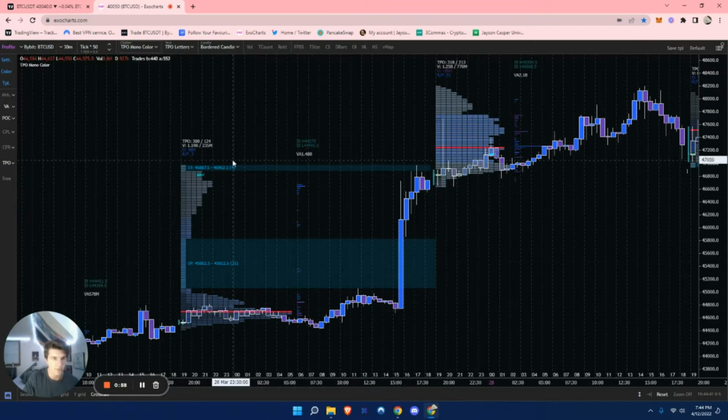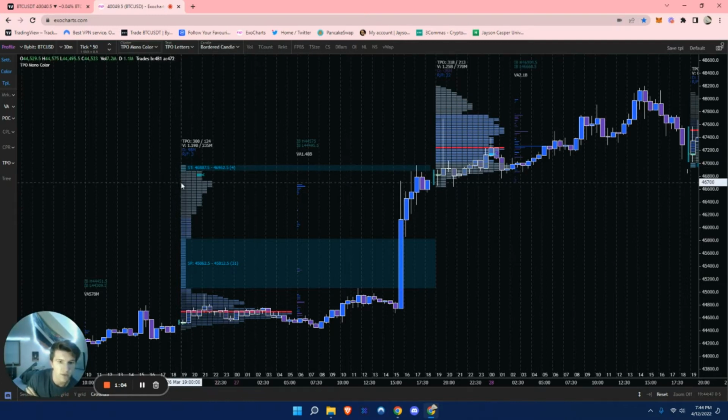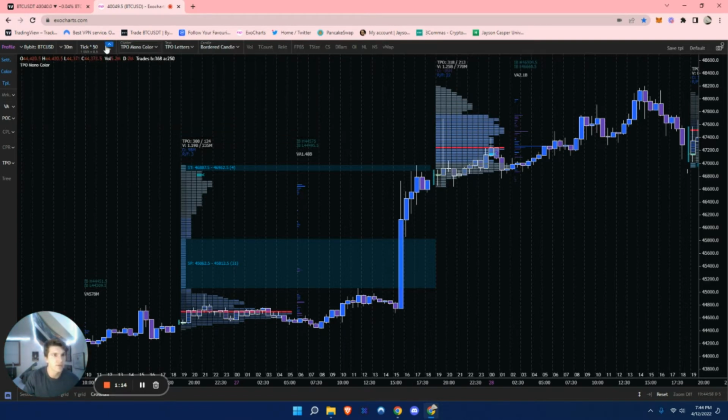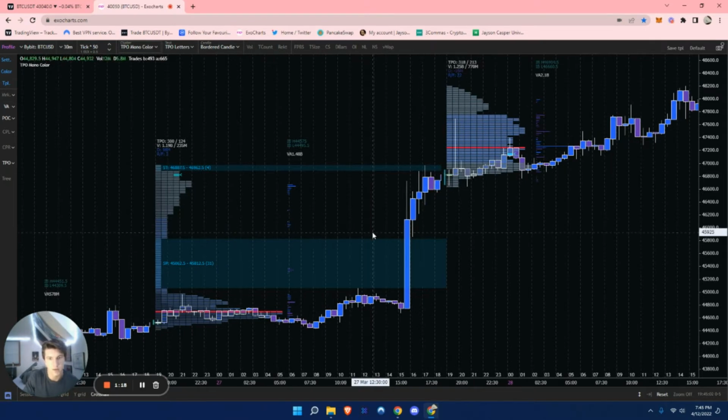In this case, for my specific template, it is analyzing the whole volume for the whole day. What I like to use is the 30-minute time frame to identify these, along with 30 tick. And so again, what I'm looking for is an SP.